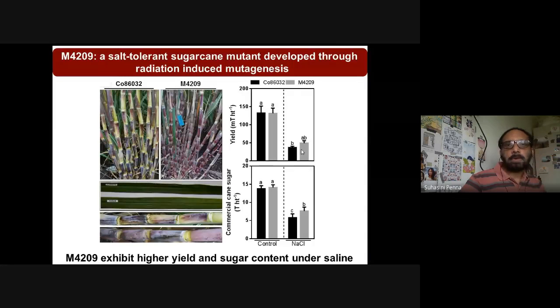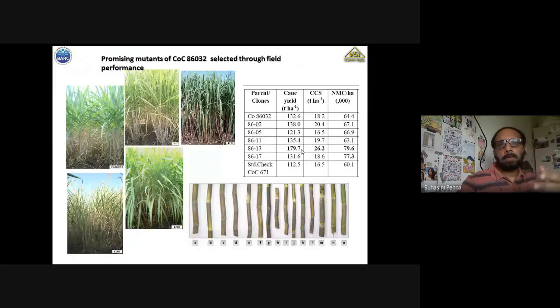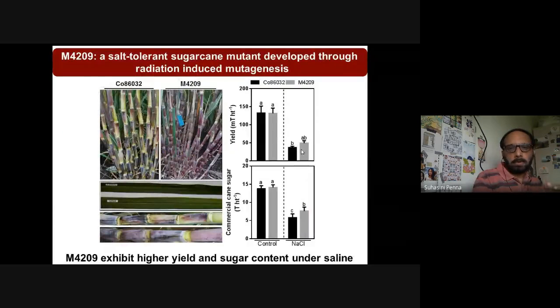One of such mutants, when we worked in 86032, we developed a lot of irradiated plant population, and then we selected them under saline field conditions, and we isolated a few mutant clones which were looking salt tolerant. These salt tolerant mutants, we have taken to the laboratory and then tried to see if they have retained the same characters.